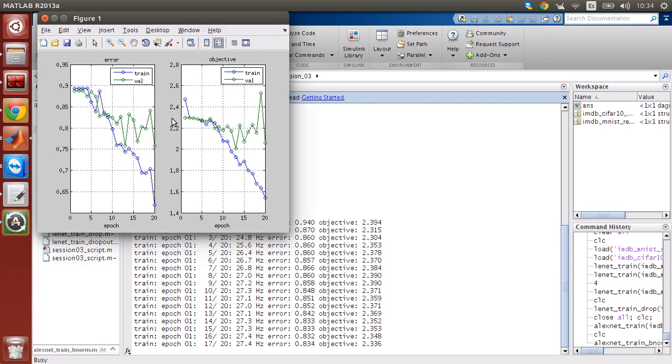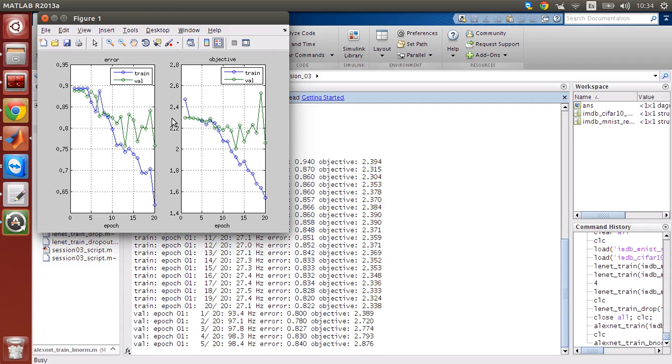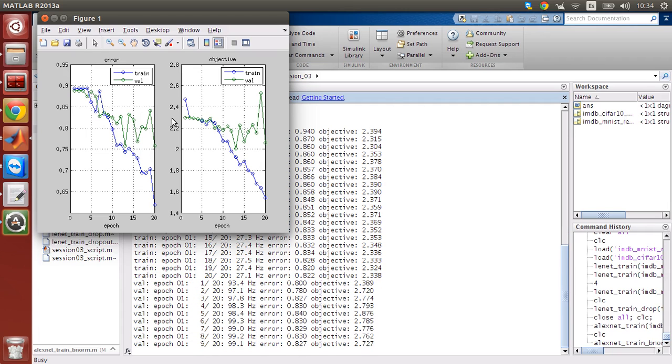So we see how both the objective and the error for train are decreasing, which is a good thing to see.